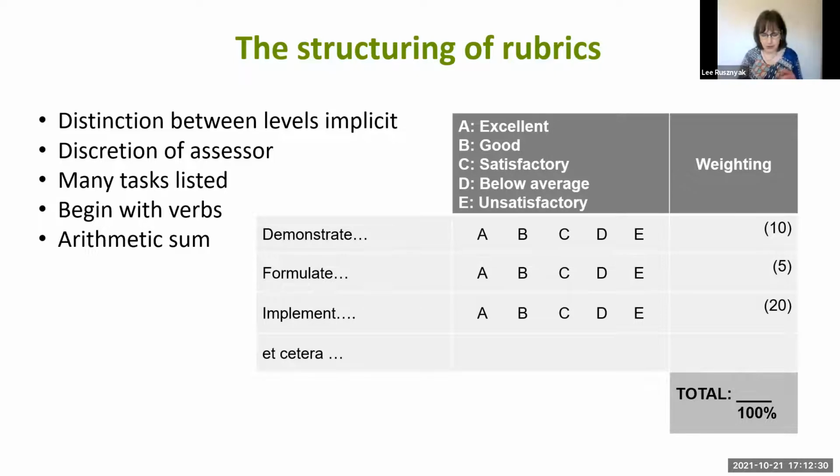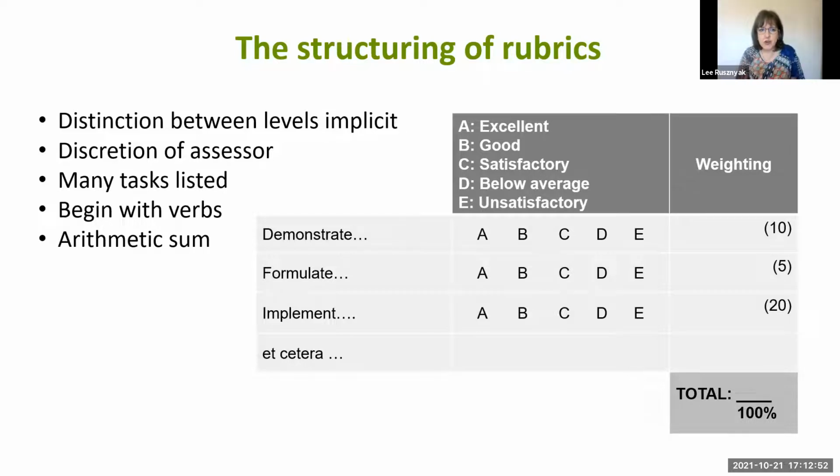In some rubrics, it was 1, 2, 3, 4, 5. In others, it was A, B, C, D, E. In others, it was percentages. And basically, there's no real sense of what constitutes excellence, what constitutes satisfactory, what constitutes average.